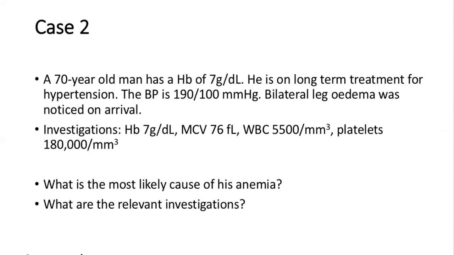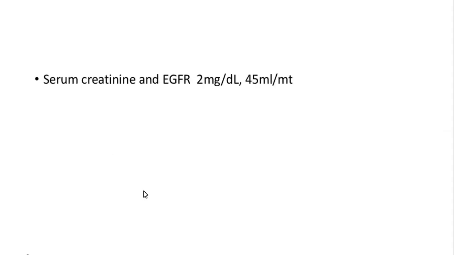So how do you confirm the diagnosis here? I have given creatinine and eGFR. Creatinine 2 milligram per deciliter, that's double, and eGFR of 45 milliliters per minute. So what can you say now?